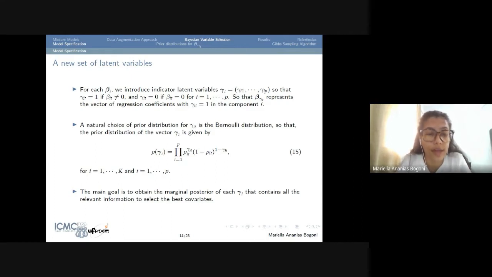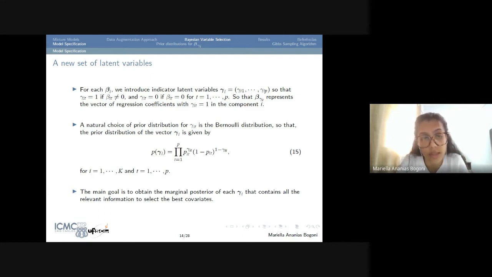So for each vector beta I, we will introduce a vector of indicator variables, gamma I, so that each gamma it is equal to 1 if the beta it is different from 0, and each gamma it will be equal to 0 if the beta it equals 0.